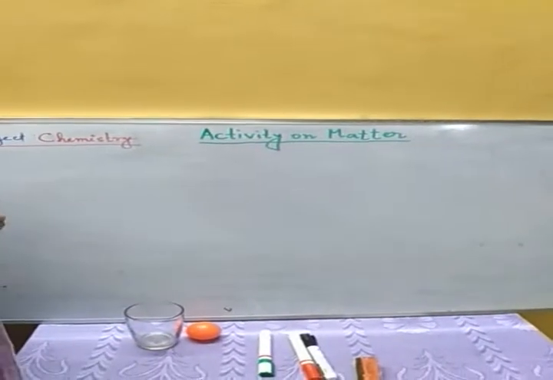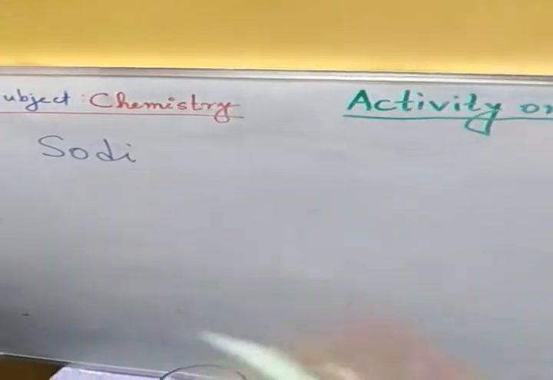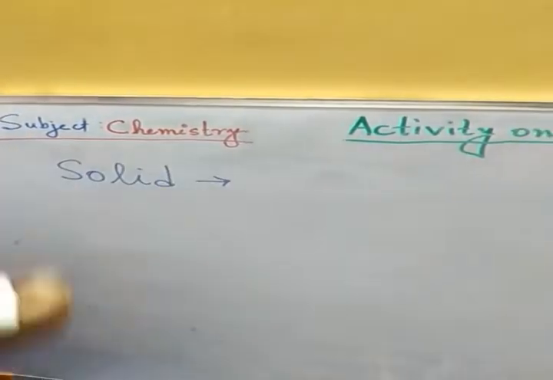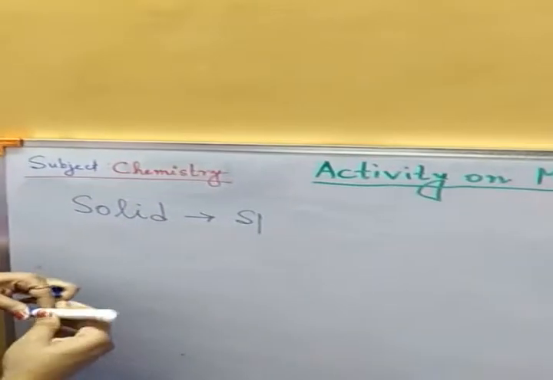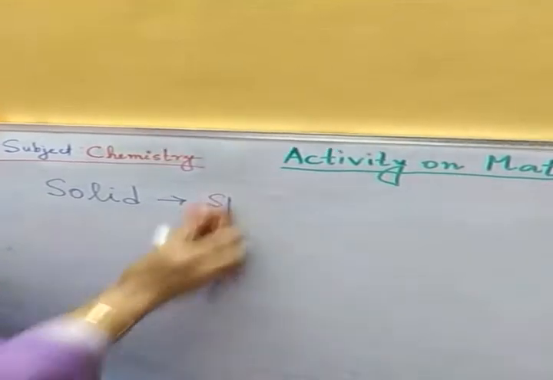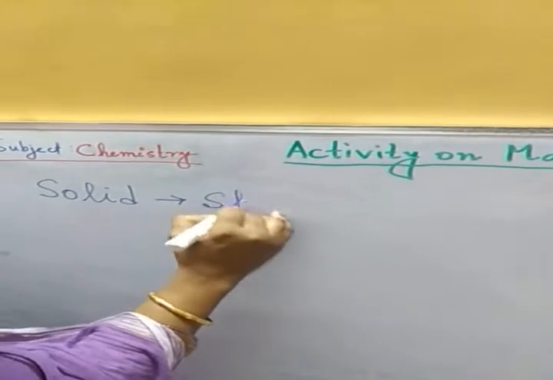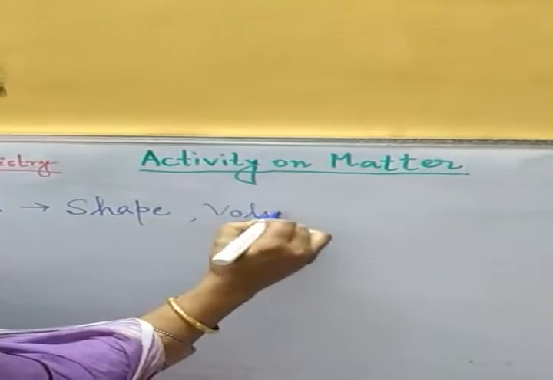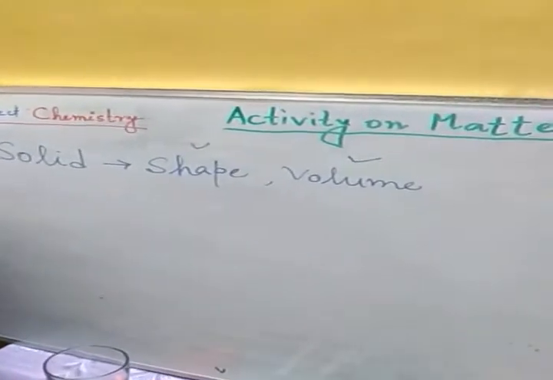So first of all, for solid, we know that solid is having some definite shape, and it's having some definite volume. So solid is having some definite shape and it's having some definite volume.